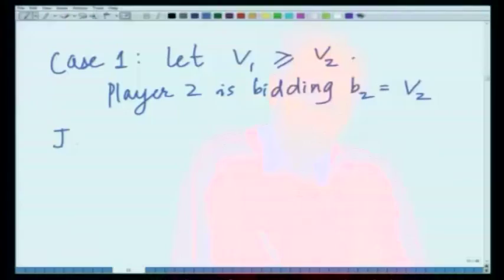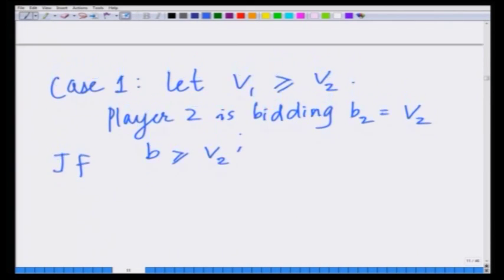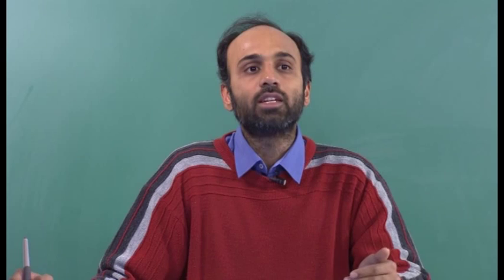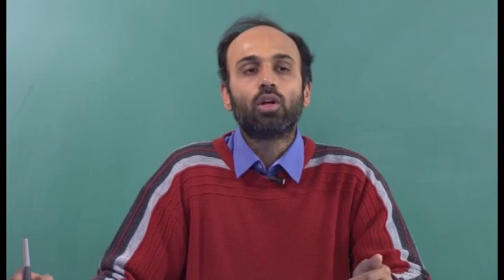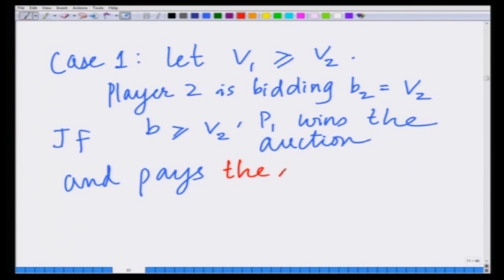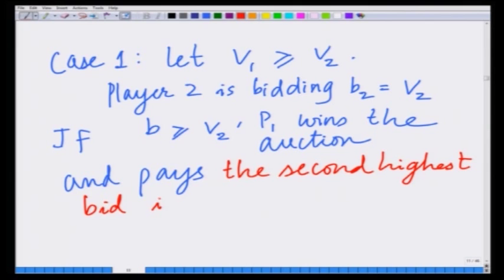So, if B is greater than or equal to V2, then player 1 wins the auction, and his payoff is, remember, once he wins the auction, he is paying the second highest bid, but the second highest bid is B2 equals V2.